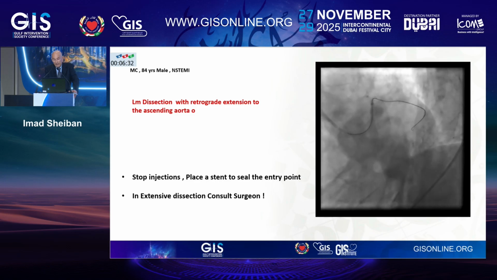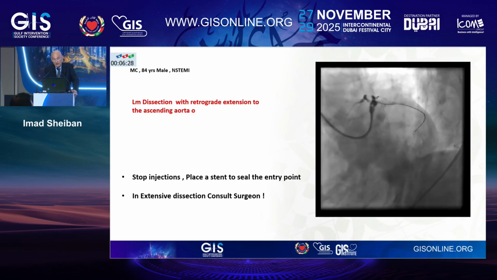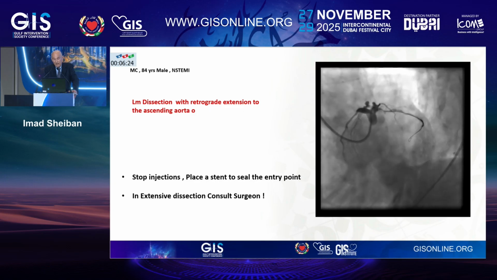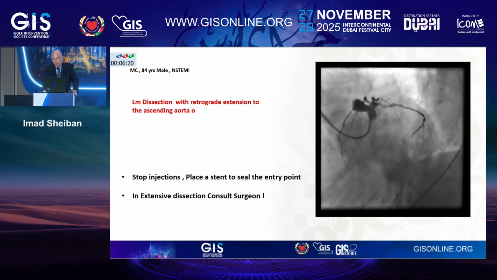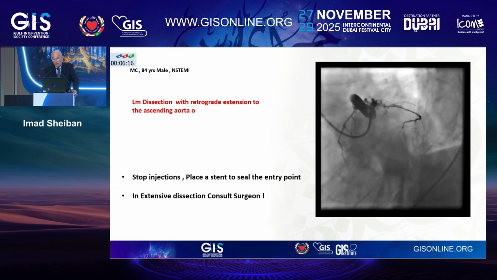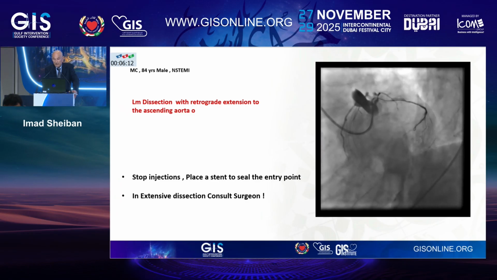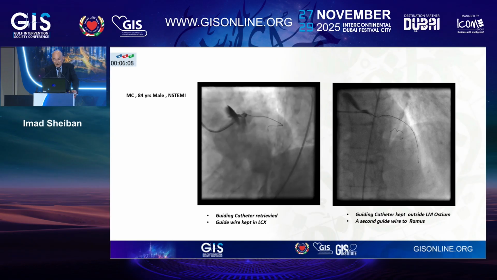And again, what to do here is to retrieve the guiding catheter, leaving the wire inside, and as soon as possible to occlude the entrance port of the dissection, that means to avoid further extension of the dissection along the aorta. And this was done.